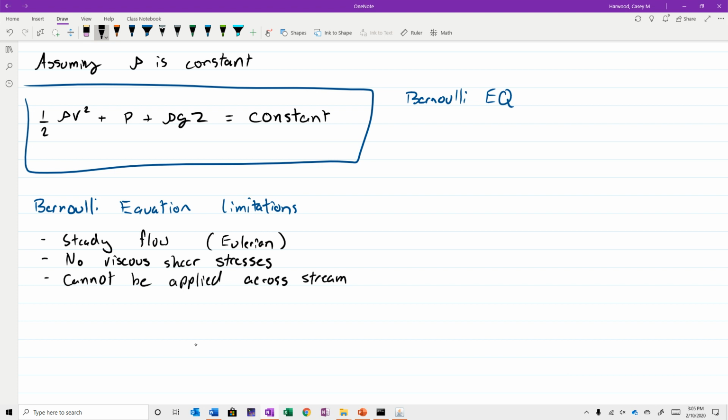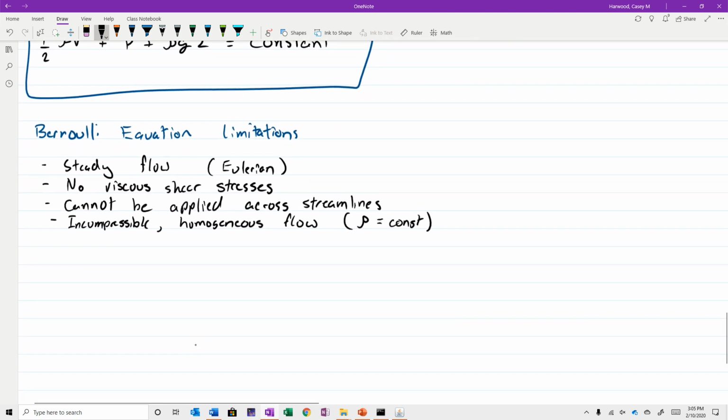There's a different form that we'll use in a second to do that. And it assumes incompressible, homogeneous flow. That is, it assumes that the density is constant throughout. So if you stick to these assumptions, then you will be safe in using the Bernoulli equation.